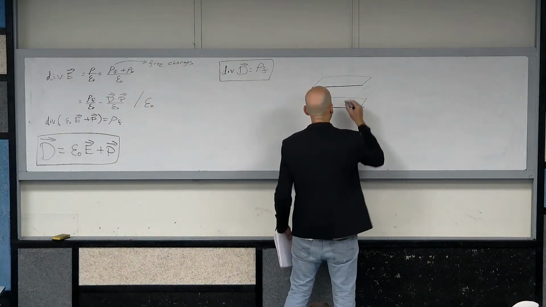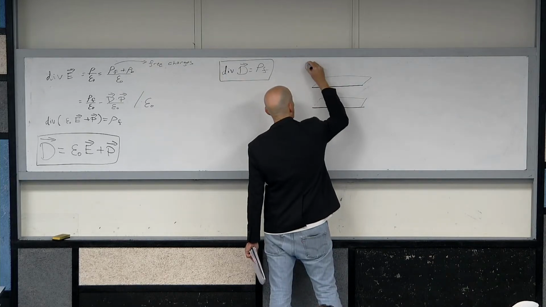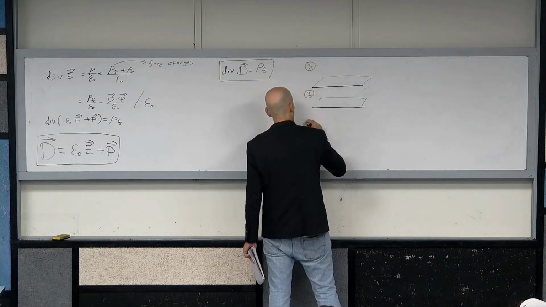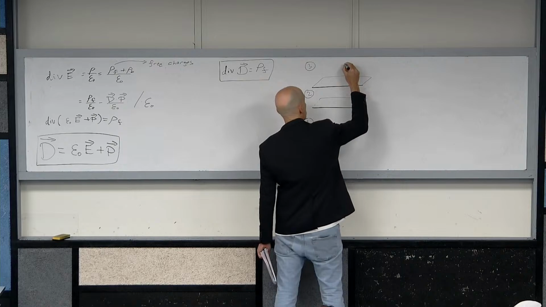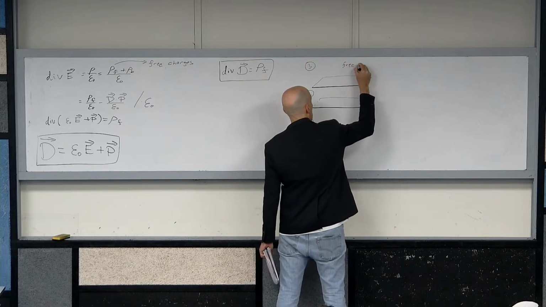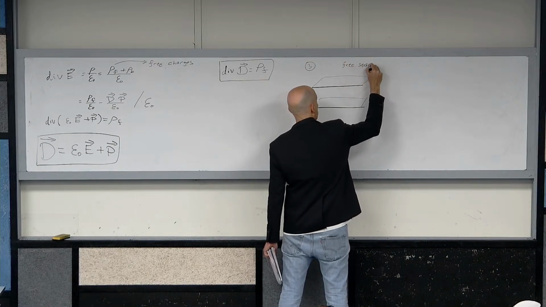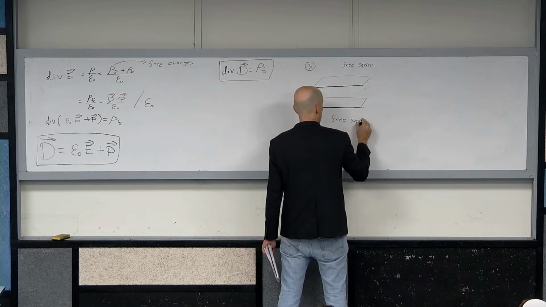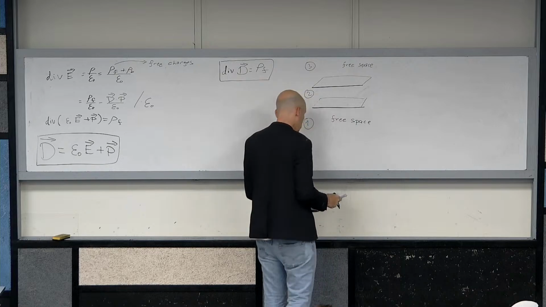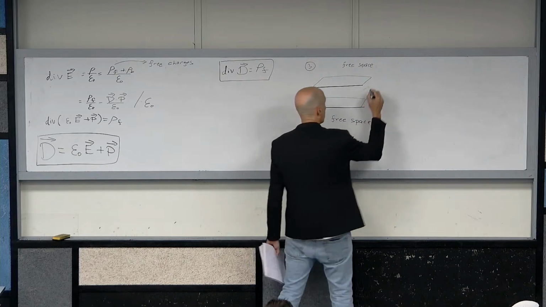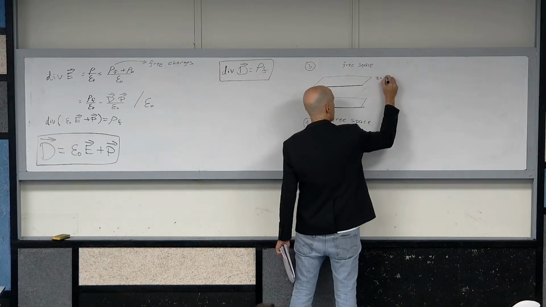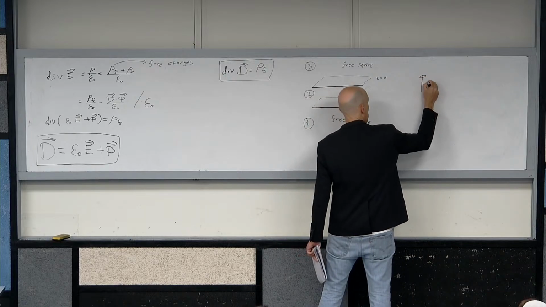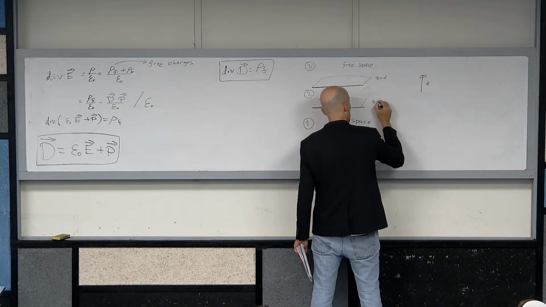So we have three regions, which I call 3, 2, and 1. And this is free space, so this is the vacuum, or the air. Air is nearly the vacuum. It's nearly the same thing. And here we are at z equals d. So this direction is z, and this is z equals 0.